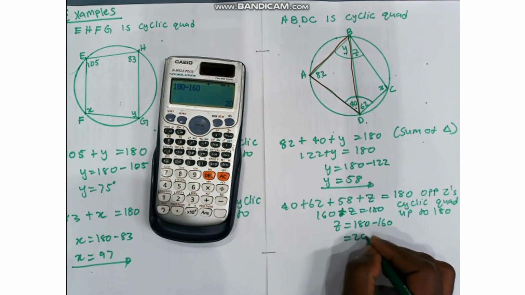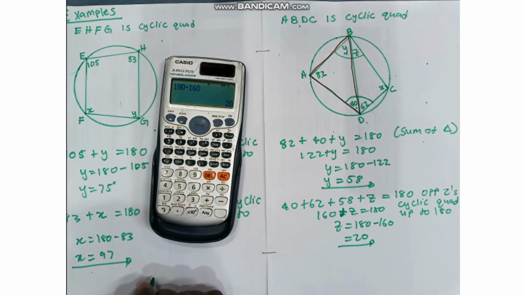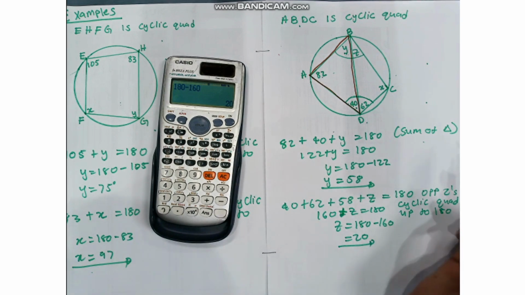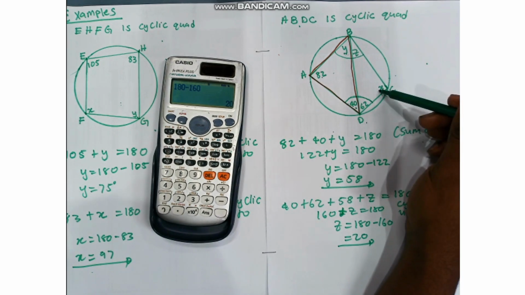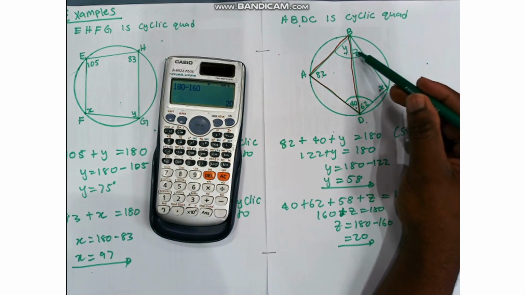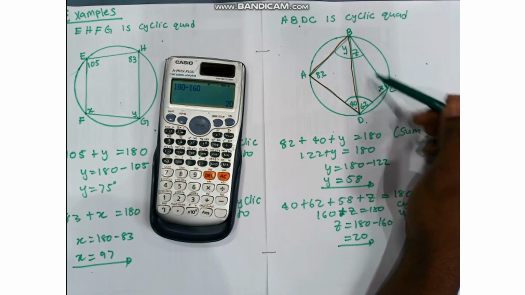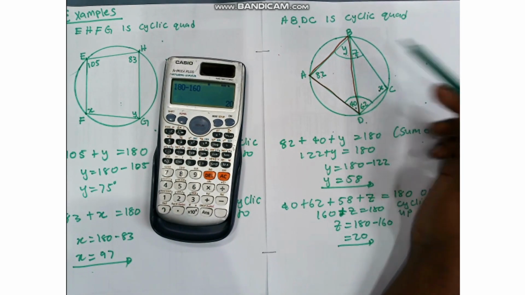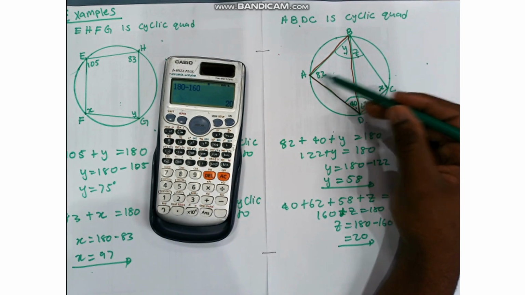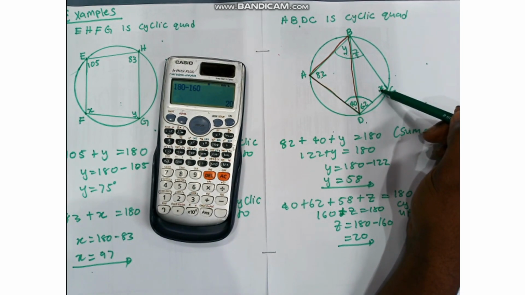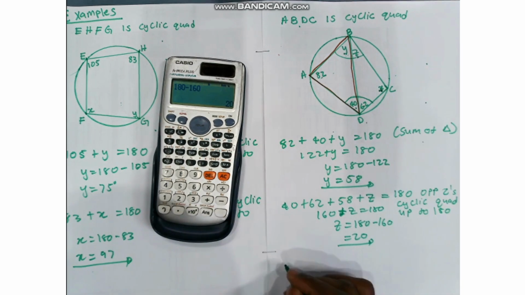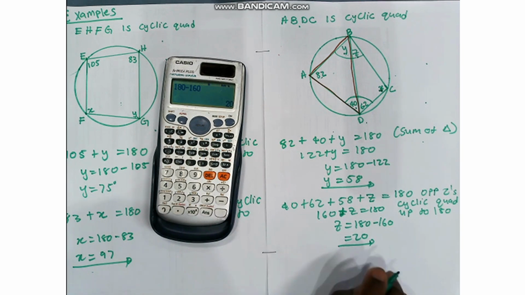which is just 20. Then also finding this one, we can use the sum of a triangle, or we can just say this plus this is equal to 180, two opposite angles of a cyclic quad, depending on which one you are going to use. Both of them are fine.